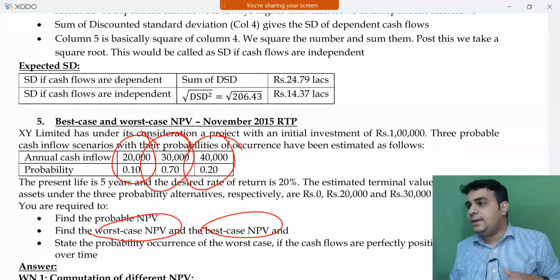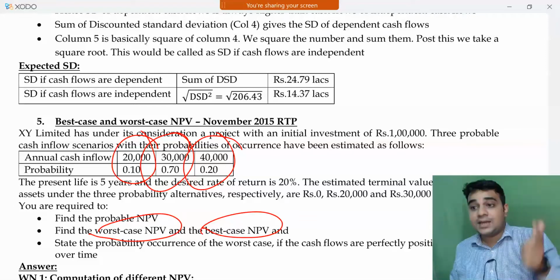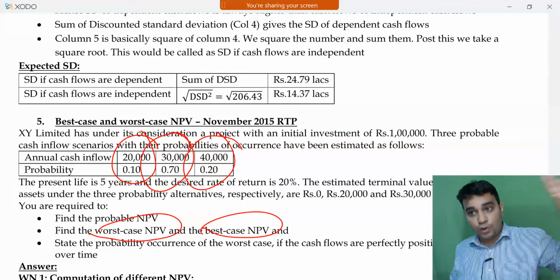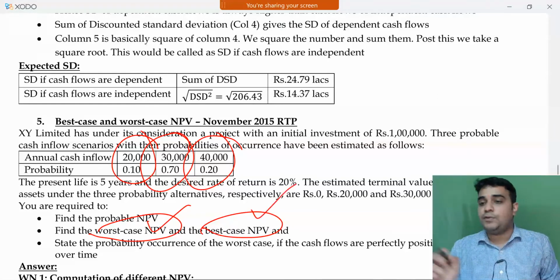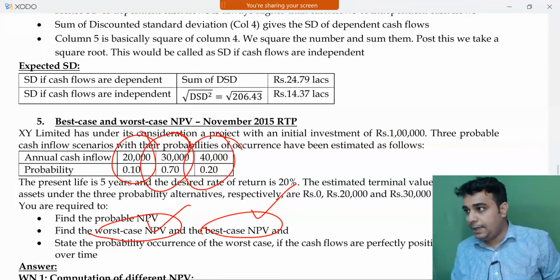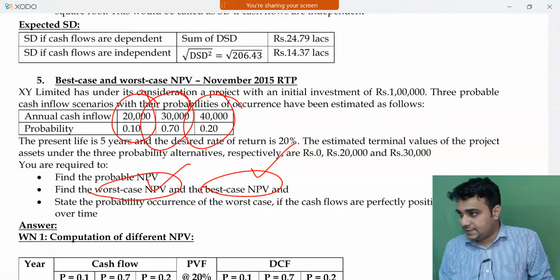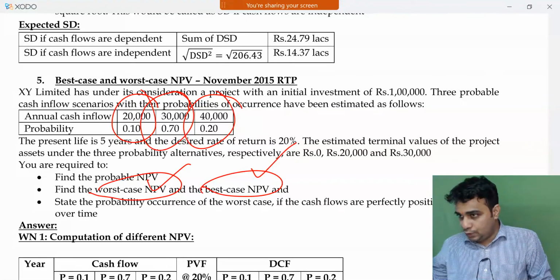Why am I calculating 3 different NPVs? Why not follow the approach which we followed earlier? What did we do earlier? We calculated the standard deviation of cash flow and NPV of cash flow. You can follow that approach also in this question, but you will not be able to answer what is the worst case NPV and what is the best case NPV. You need multiple NPVs.